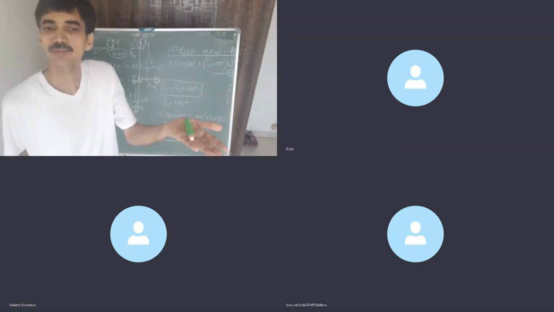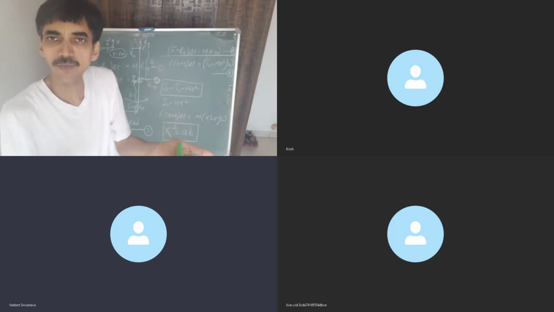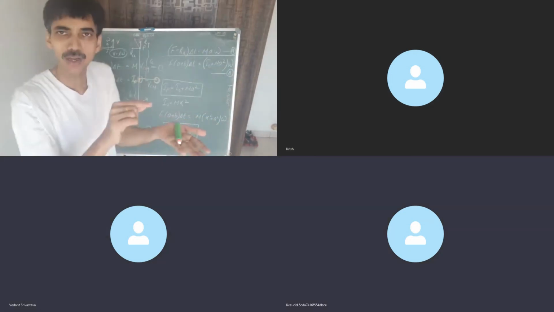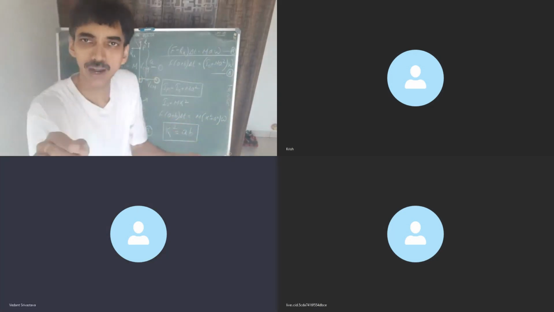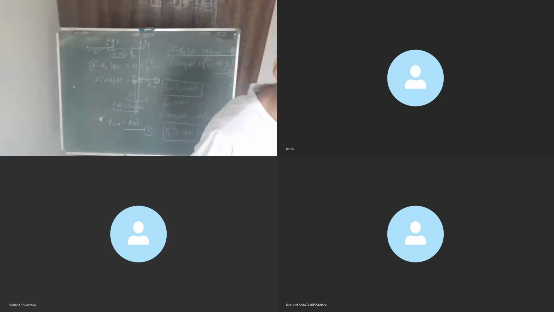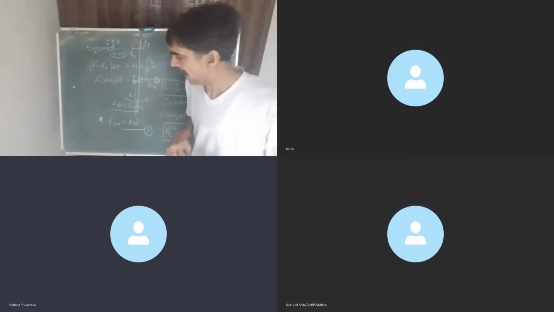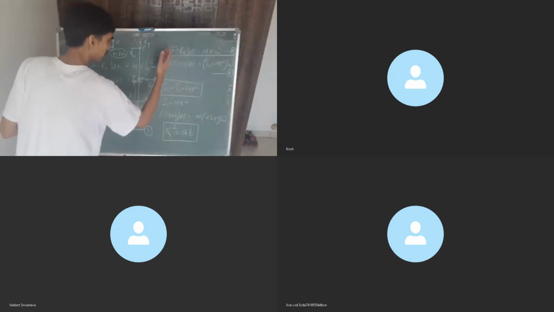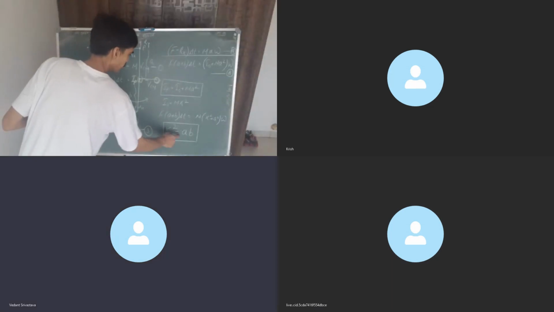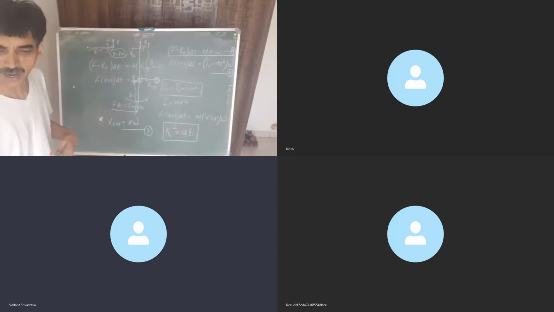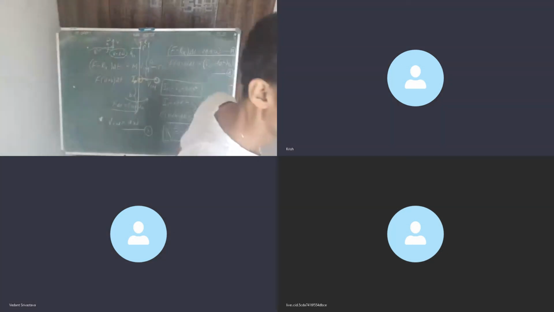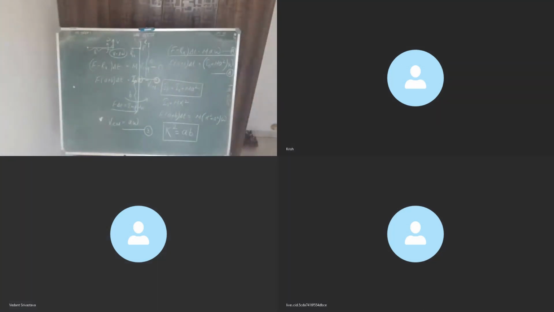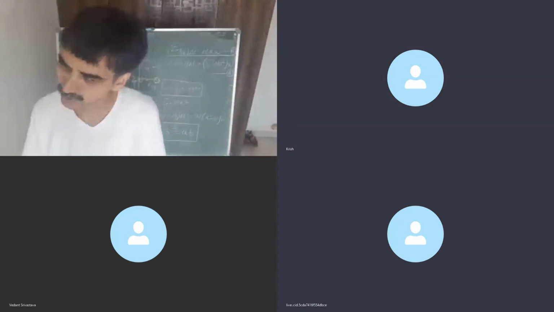We are finding the point where Rx is 0, correct? And by reverse logic, what we can say is Rx will be 0 if K square is equal to AB, correct?